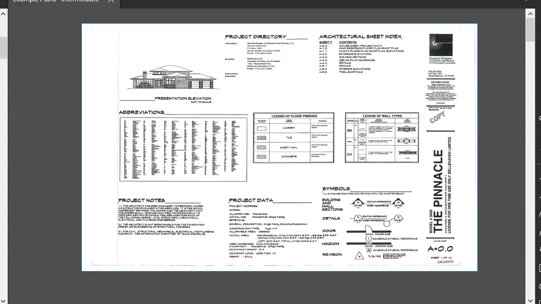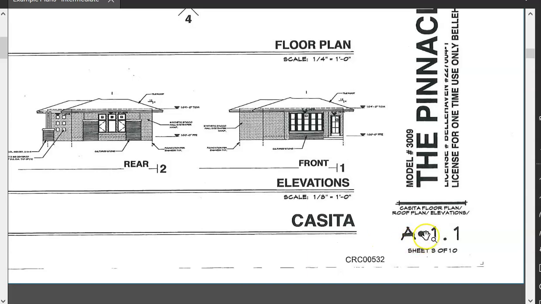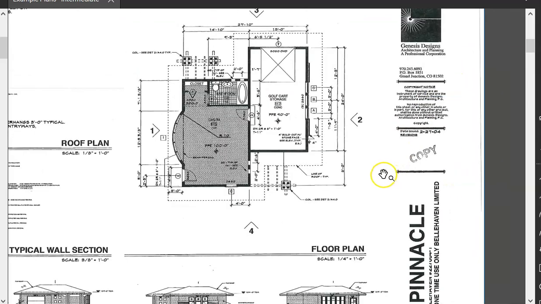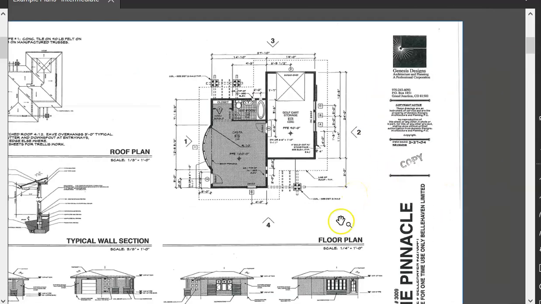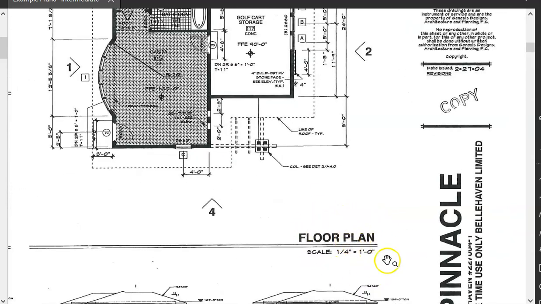And so now we'll go to the next sheet. And here you can see we go to A1.1. And typically the next set of sheets that you would expect to see are floor plans. And on these floor plans, you're going to want to include a scale. So essentially, for every quarter inch shown on here, it equals a foot.